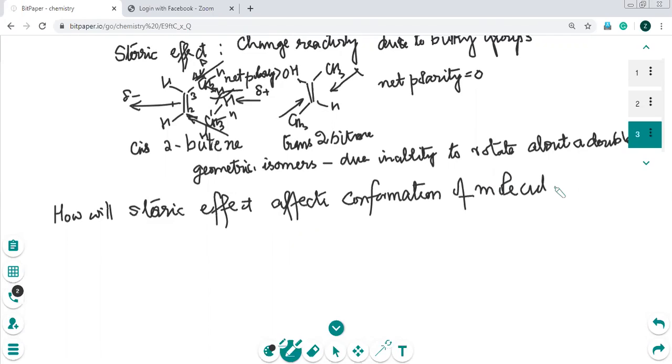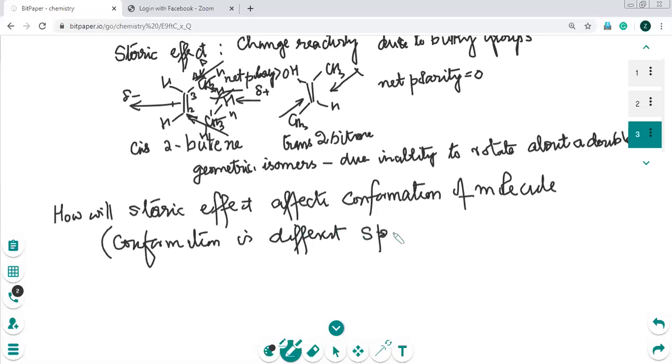Let me remind you, I have told you many times, conformation means different directionality or spatial arrangement in the same molecule. Same molecule. They are not two different compounds.